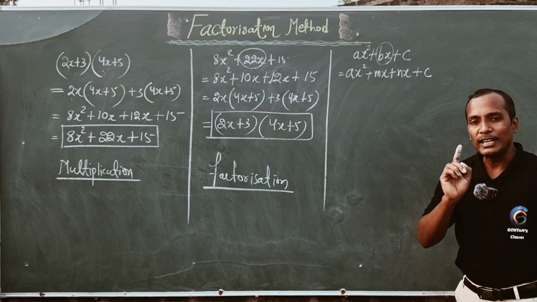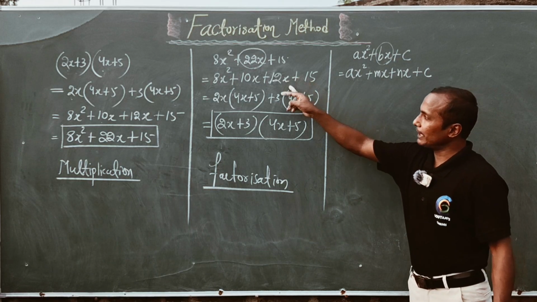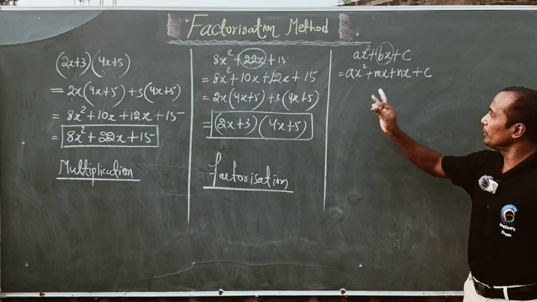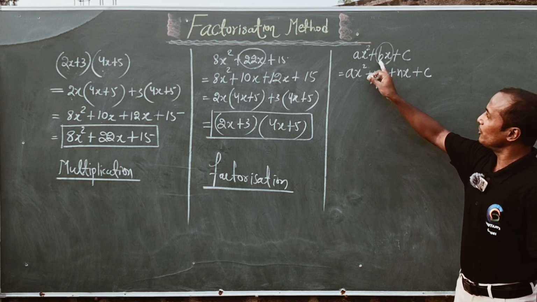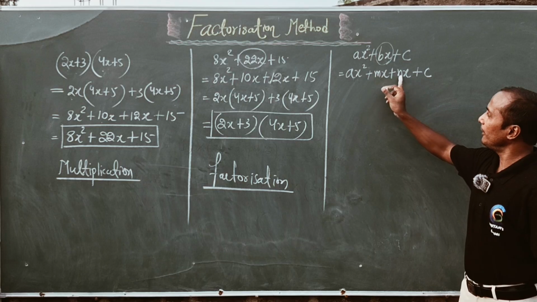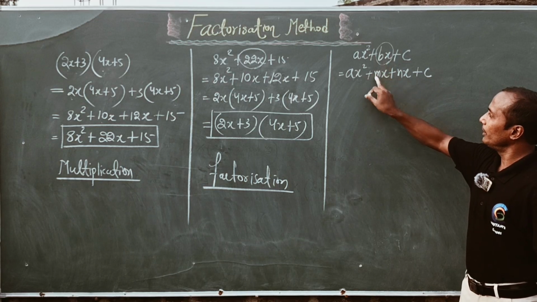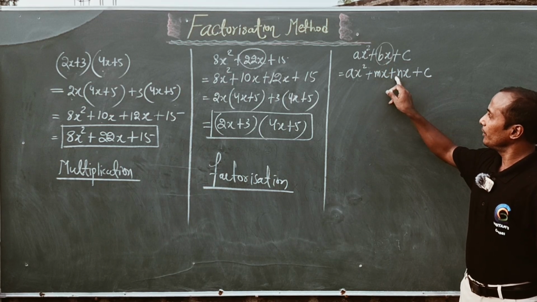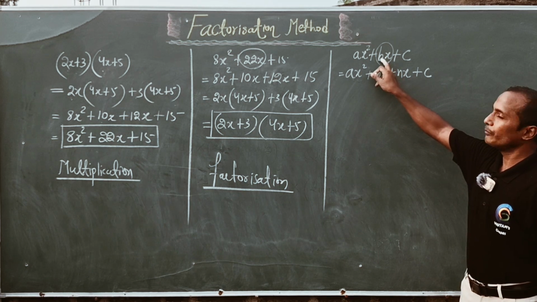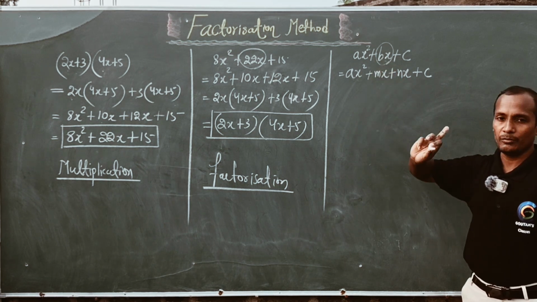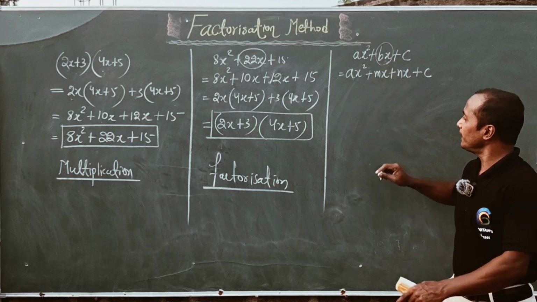Understood? So we are now clear that in the second step of factorization, we have to split the middle term into two parts and make sure that b is equal to m plus n. The sum of the coefficients of these two terms, which we obtained by splitting the middle term, must be equal to the coefficient of the middle term of our quadratic polynomial. So b has to be equal to m plus n.